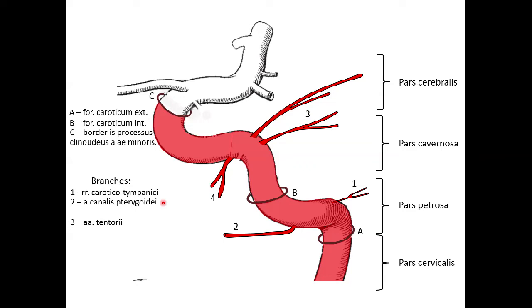And then number 4, with the same function, the rami meningeales. Practically these 2 types of vessels, Arteria tentorii and rami meningeales, are similar to each other, but directions are different.